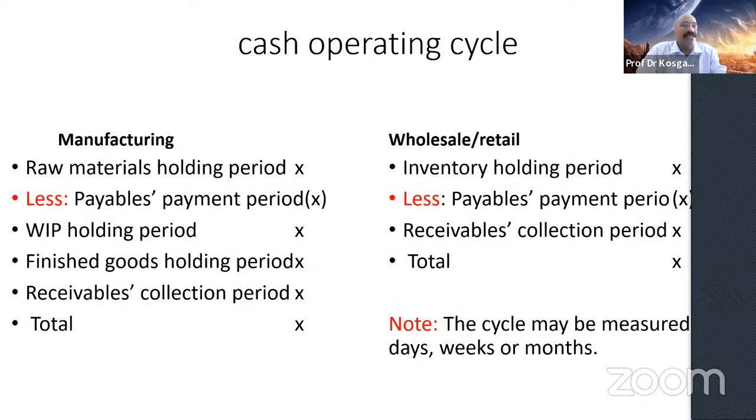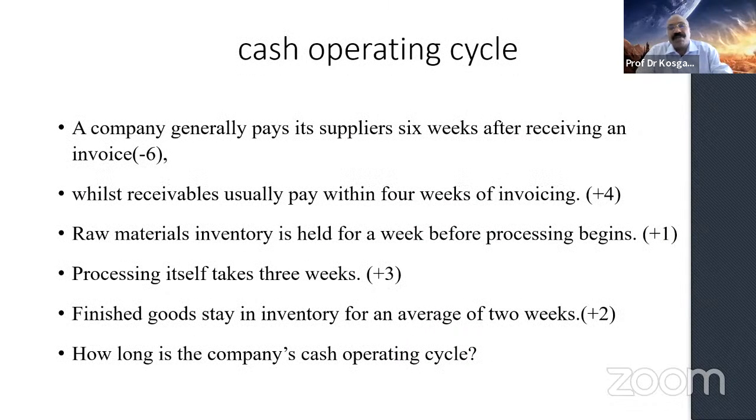If you notice, the payables is reduced. The rest of the things are plus, plus, plus, plus. Then you can come out with the number, and that will be the answer, the cash operating cycle answer.